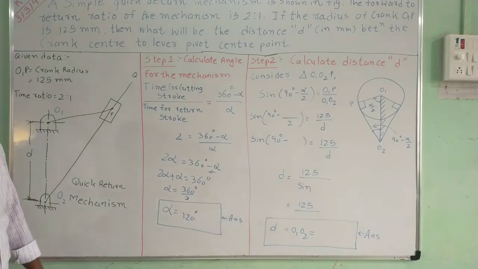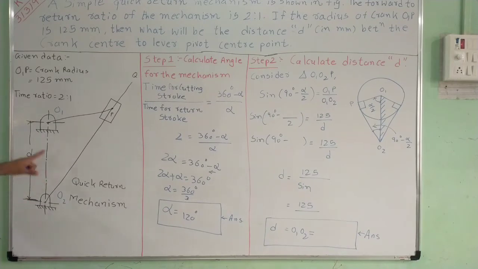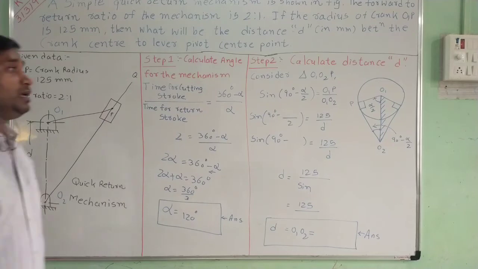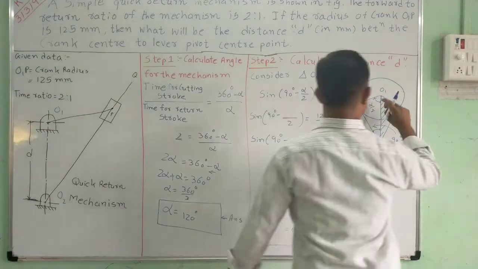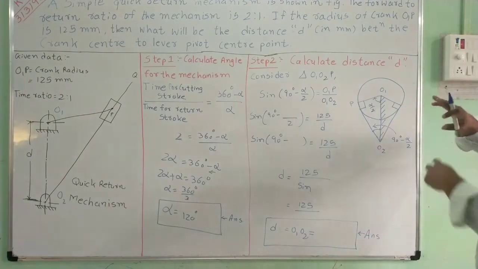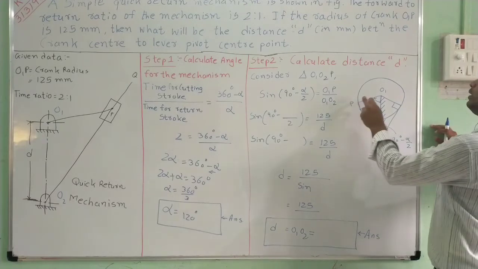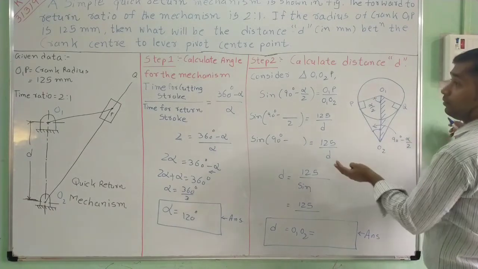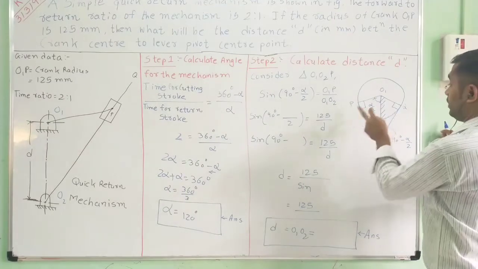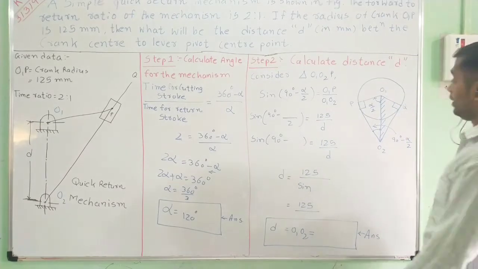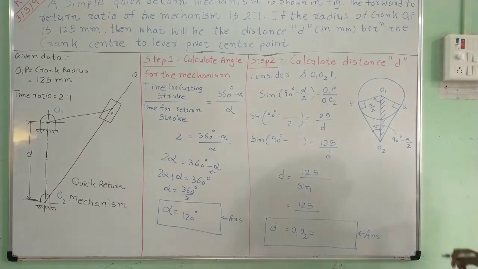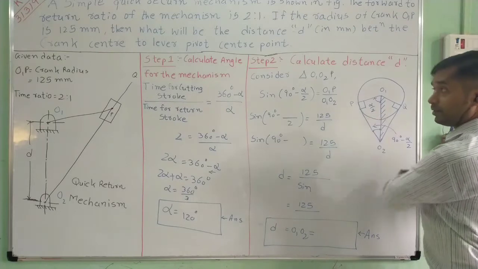Now step 2. What is step 2? Calculate the distance d, from the center of the lever point to the center of the crank. Okay, so consider triangle O1, O2, P, with the two extreme positions O1, P, Q. First we have to find alpha by 2.